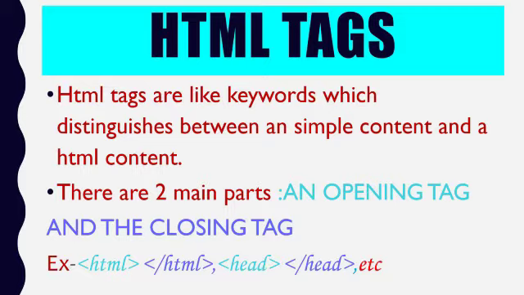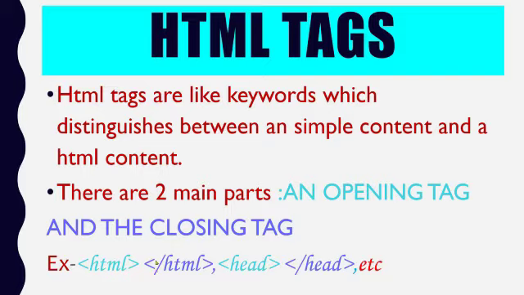You have to press the shift button and press this angular bracket key so that you get the angular bracket on your screen. And this one is a closing tag of HTML.